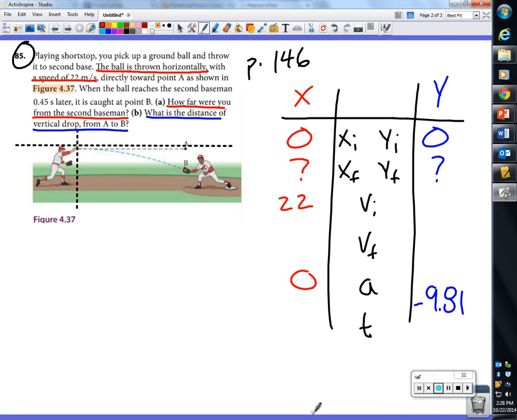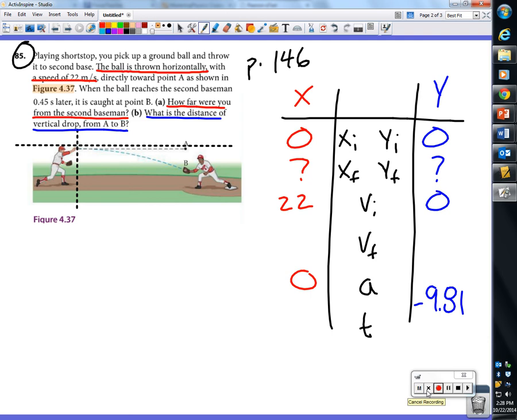Like we discussed yesterday, if we throw it horizontally, at the very moment that it becomes a projectile, it is moving horizontally, but it is not moving vertically. And if it's not moving vertically at that very moment, that is going to be 0.